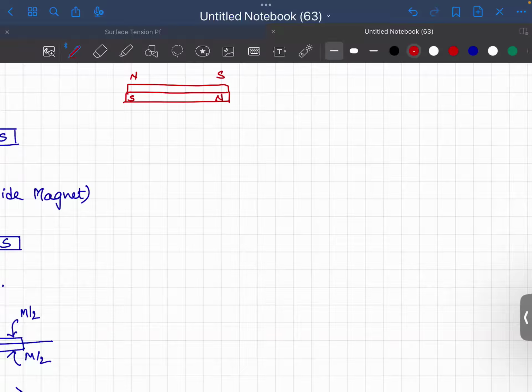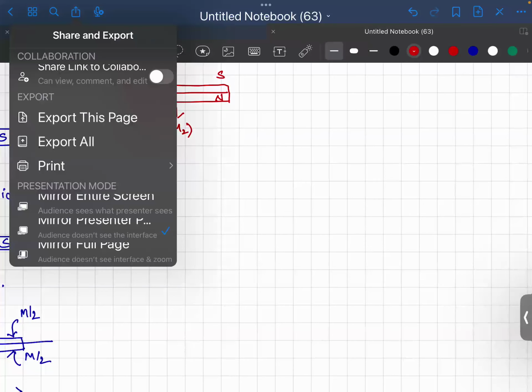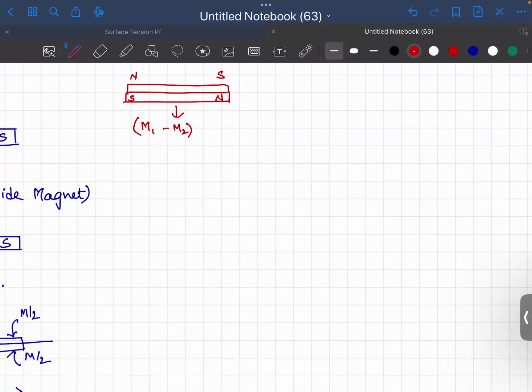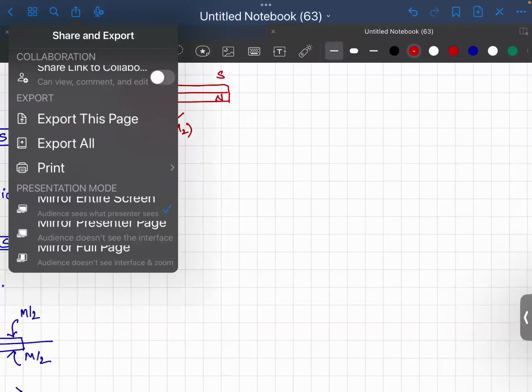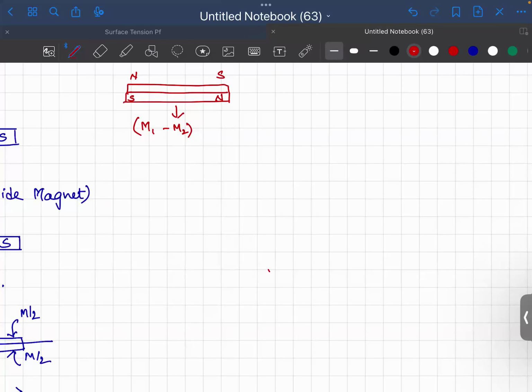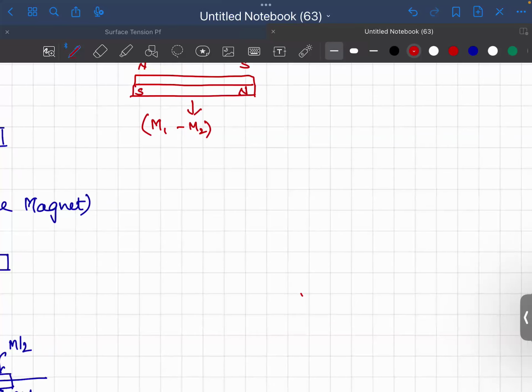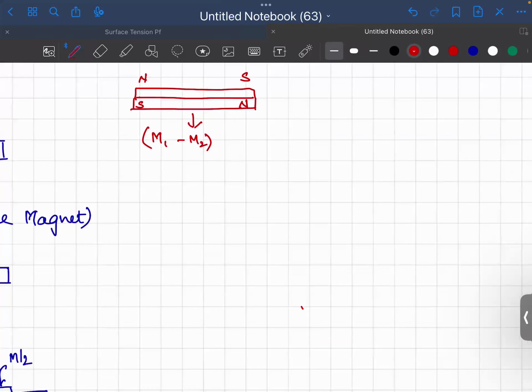In this case, the equivalent magnetic moment is M1 minus M2. Please try to understand the difference between these different combinations. M1 minus M2 and M1 plus M2 are different combinations, and the result differs because you took the configurations differently.